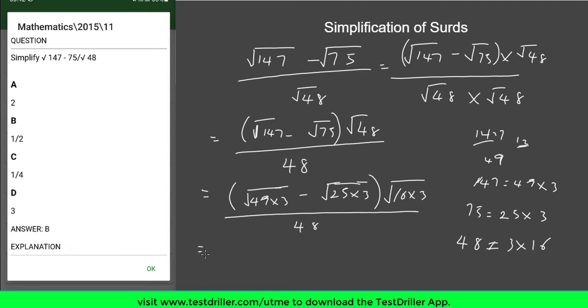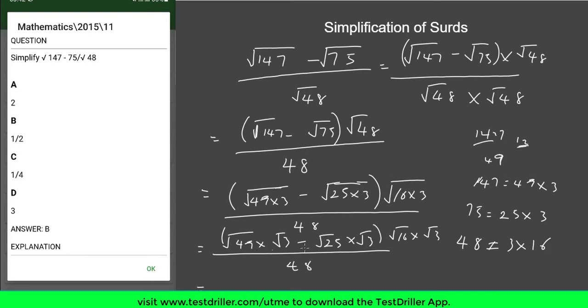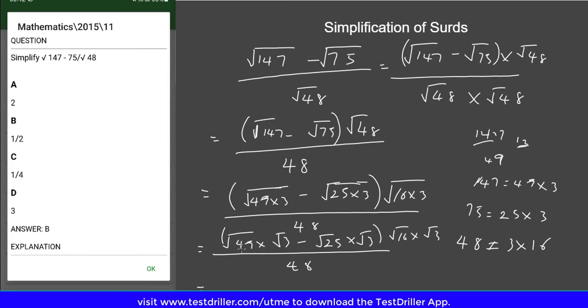So what next? Let's break this down so we can separate this root 49 from this root 3. Then minus root 25 times root 3. Then this root 16 times root 3. So the next thing we can do is to simplify. So root 49 is 7. Then you have root 3 minus 5 root 3, because root 25 is 5.